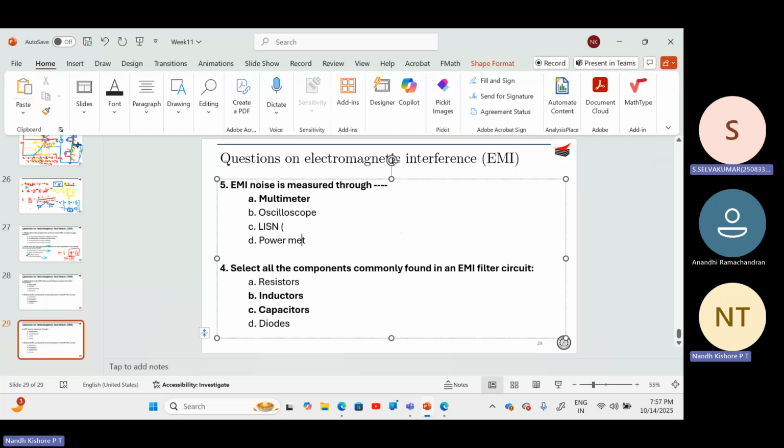Line impedance stabilized network. Correct. So what is the correct answer for this question? LISN. Correct. So EMI noise is measured through LISN.